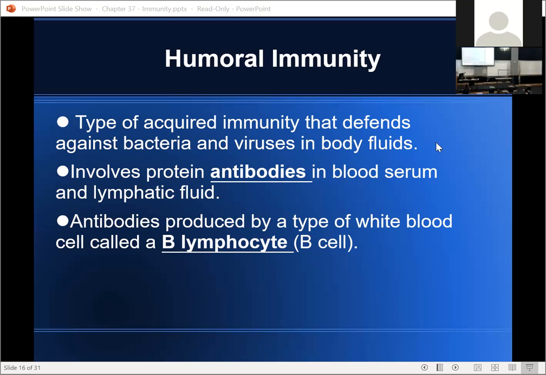Antibodies, actually, let me go over to the whiteboard and let's write some definitions down, because there's a couple terms in there you might not recognize. All right, I'm going to have to rearrange some stuff here.